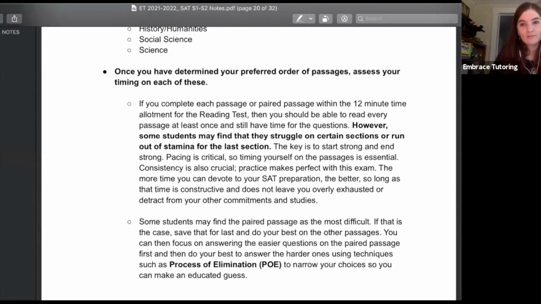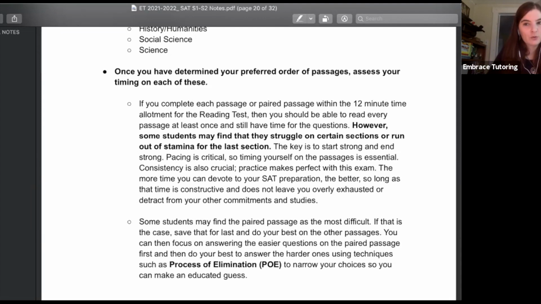No one? Okay, so I'm going to assume then that all of you understand and have been pretty much able to stay within that goal of 12 minutes per passage and that you haven't struggled to complete the reading test within the given time frame.